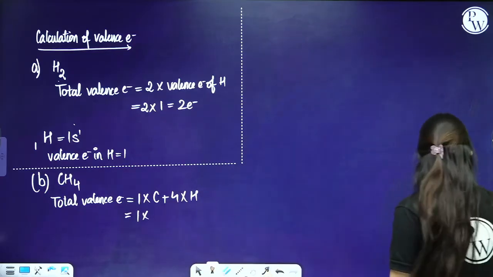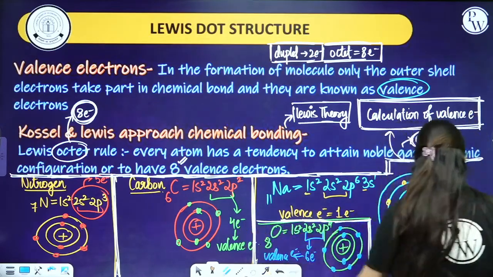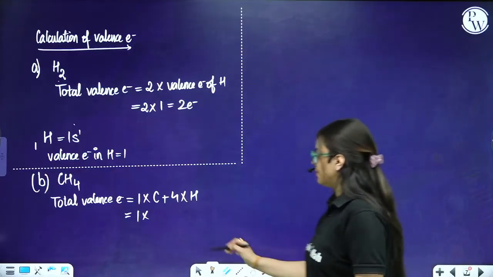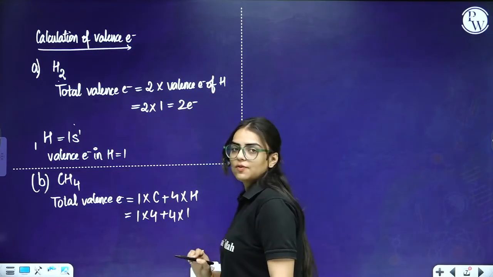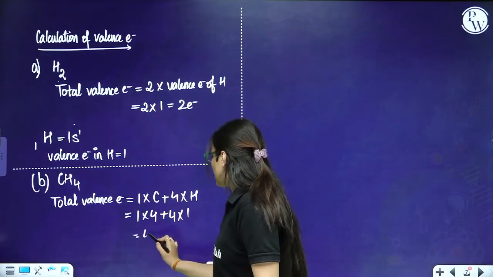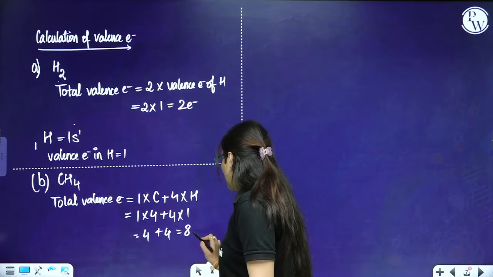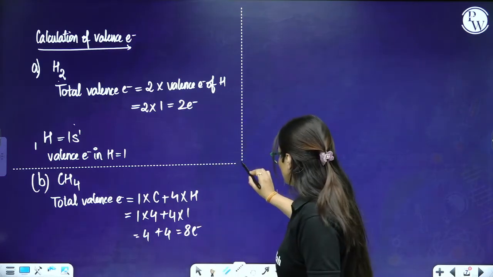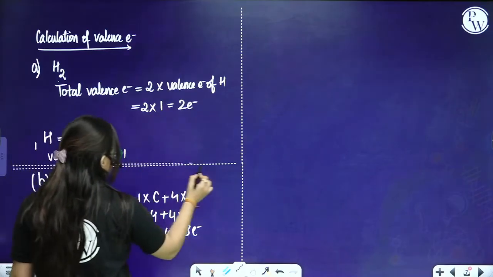Now only we have calculated it over here. 4 valence electrons. Plus 4 into how many valence electrons in the case of hydrogen? 1. So this comes out to be 1 into 4 is 4 plus 4 into 1 is 4. That means total 8 valence electrons are seen over here.